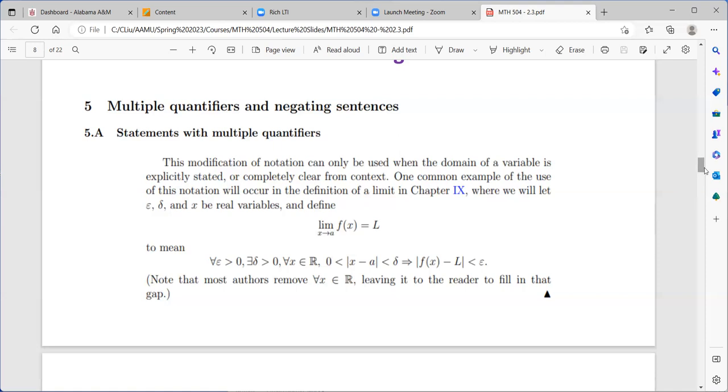All right, but let's not spend more time on this, as it's not the focus of this course. But just to give you some short notations: sometimes when the domains of the variables are understood, you don't need to write them down specifically.